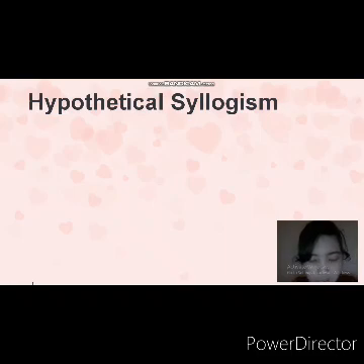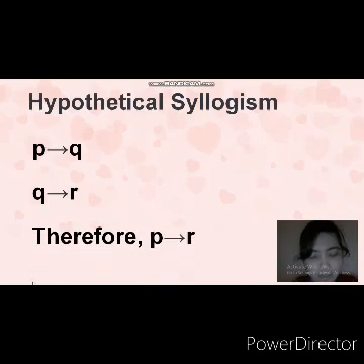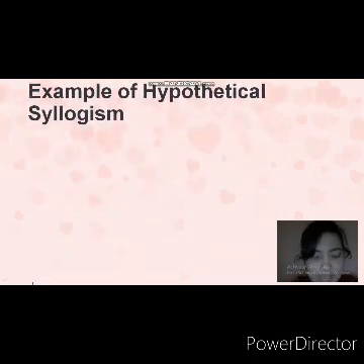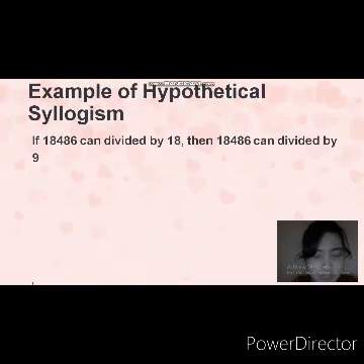Rule of hypothetical syllogism. If P then Q, if Q then R, therefore if P then R. Example: if 18,486 can be divided by 18, then 18,486 can be divided by 9.